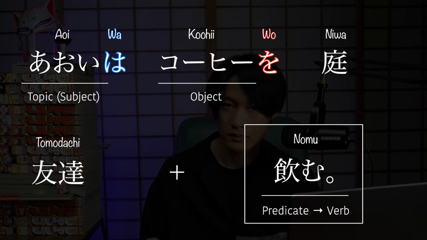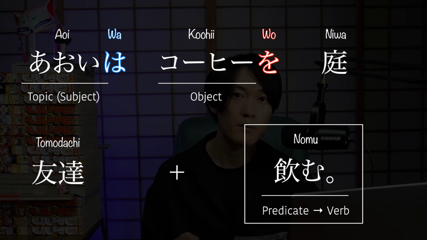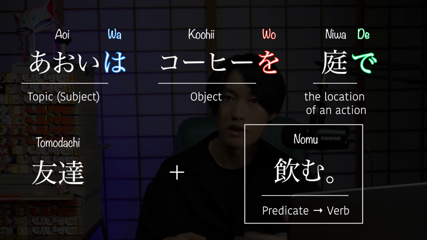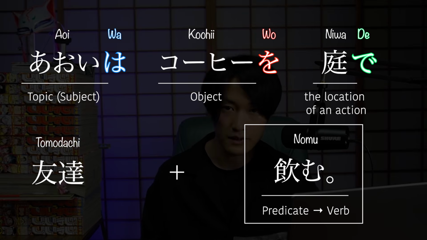Then we have niwa, which means garden. This tells us the place where Aoi is drinking the coffee, so we use the particle de, which marks the location of the action. Finally, there's tomodachi, meaning friend.